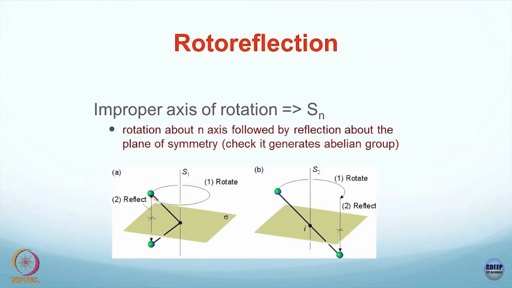Given an atom, by an inversion, suppose you have a vector. Let us take a sphere. If you take a point here, the point diametrically opposite to it can be seen as an inversion about the center. This is exactly what is happening. This S2 is a rotor reflection with rotation by 180 degrees and then a reflection.